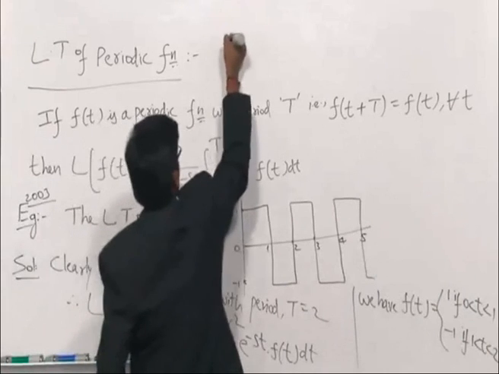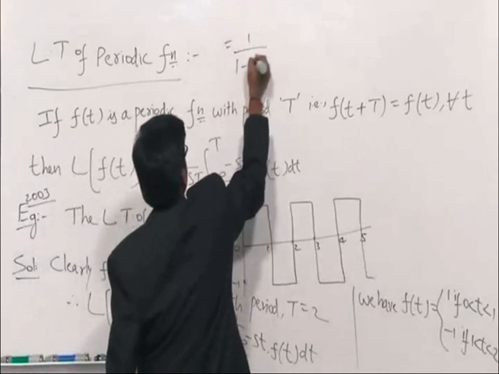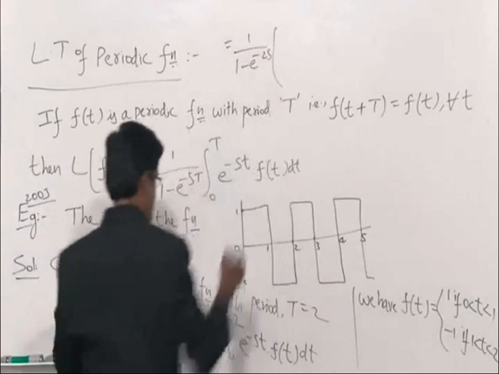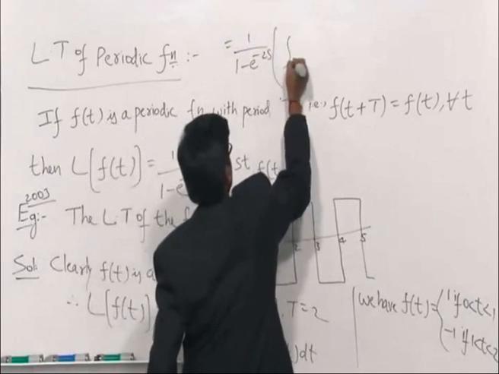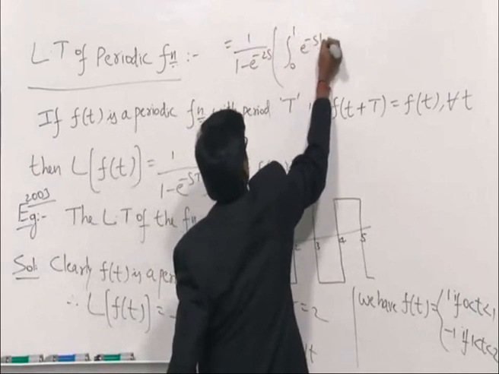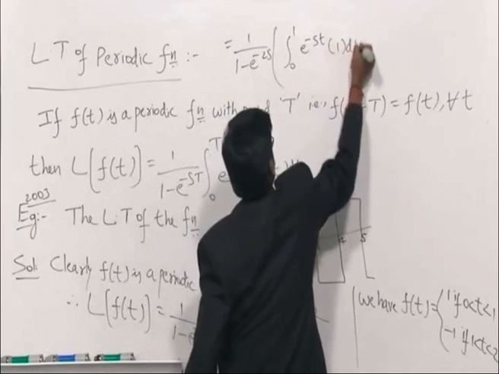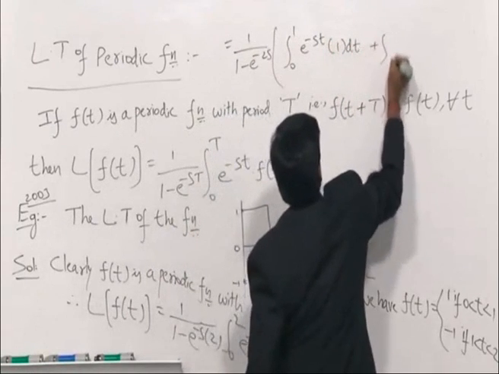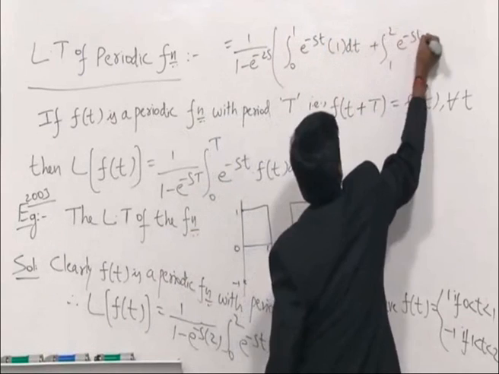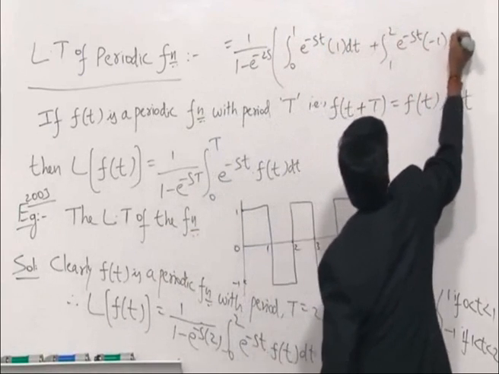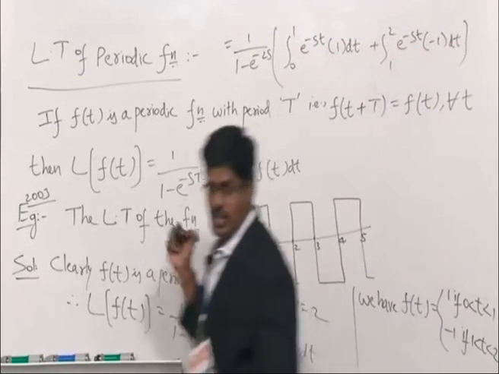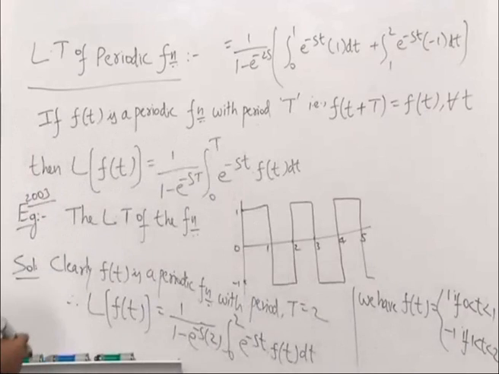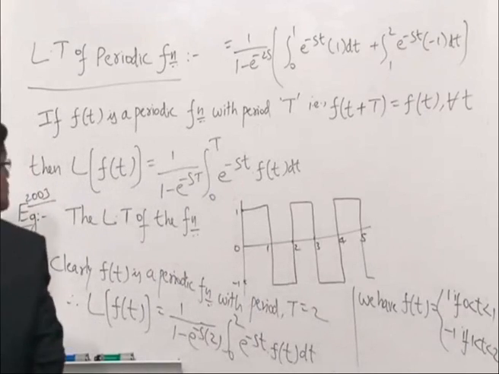So this is simplified to 1 over 1 minus e power minus 2s, using properties of integration: 0 to 1, the first function value is 1, plus 1 to 2, the second function value is minus 1 dt, and you know how to evaluate. That is simple integration, not required by parts or any other method.